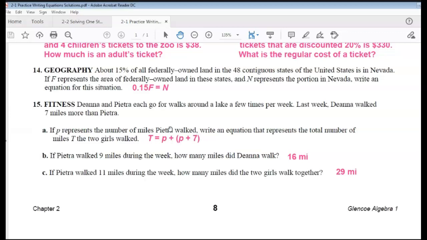So you should combine those like terms. You get 2P plus 7. And then it said, what if they walked 9 miles? So if you walked 9, 9 plus 7 is 16. And then 16 plus 9 gives 29 in all.